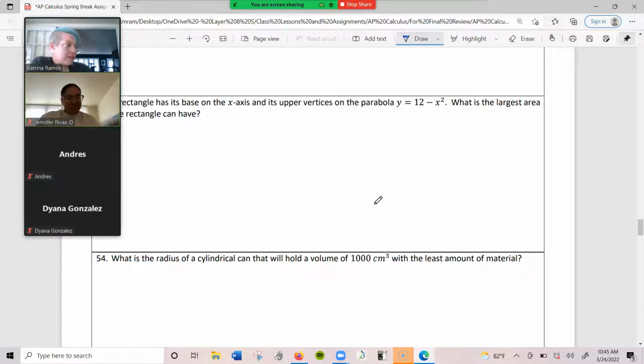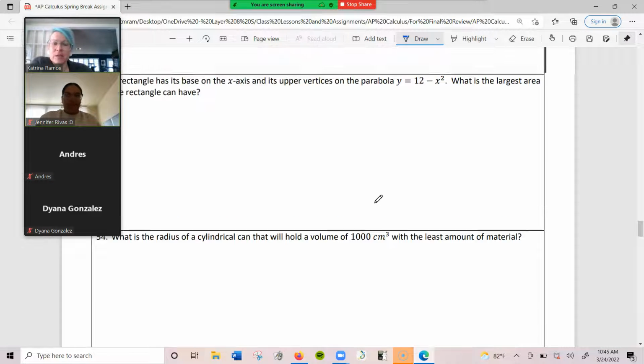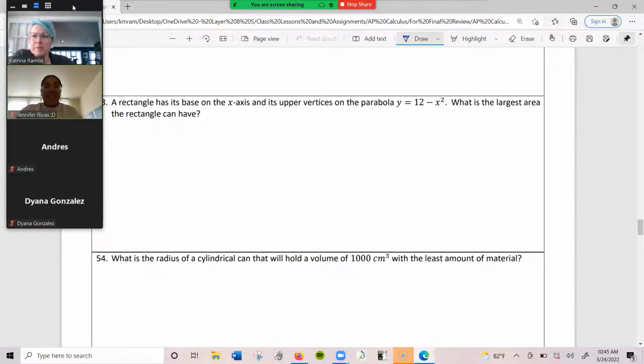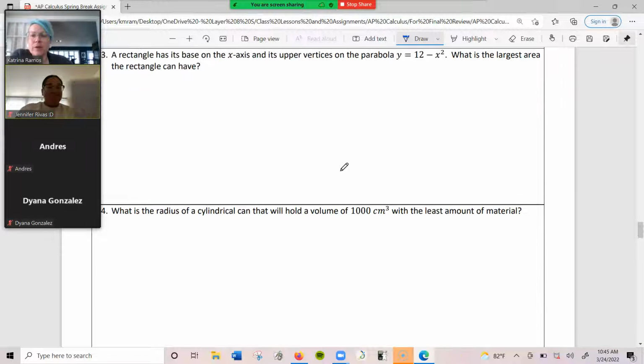Okay. So this is not related rates. This is actually optimization because it's asking for the least amount of material. So whenever you see this wording, least amount of any material, that's always you're minimizing the surface area of whatever this is.